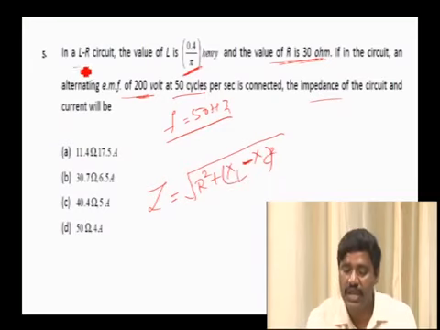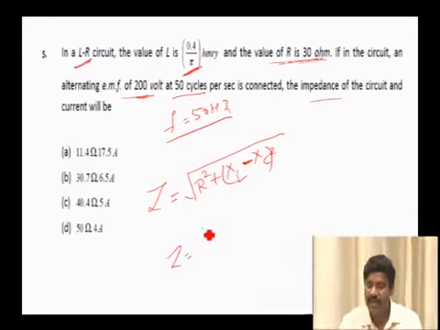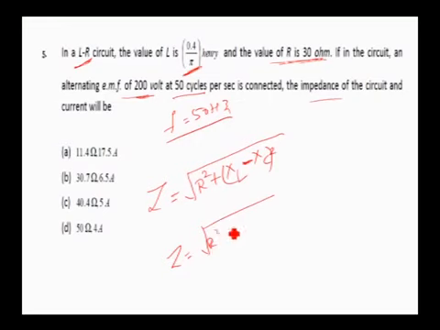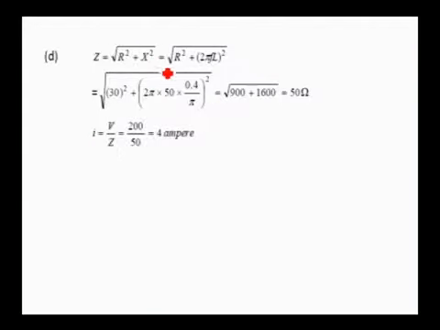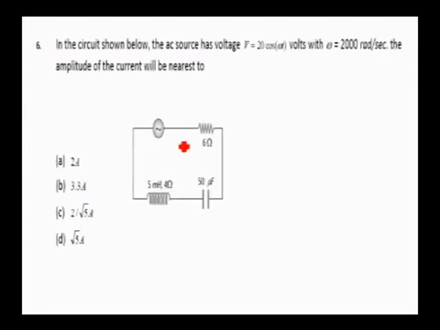But this is only an LR circuit, so Z should be equal to √(R² + XL²), since XC is equal to 0, no capacitor. Using this equation, R² plus XL, which is 2πfL, squared. Simplifying this gives the impedance as 50. Current is voltage by impedance. Voltage is 200, impedance is 50, so 4 ampere.